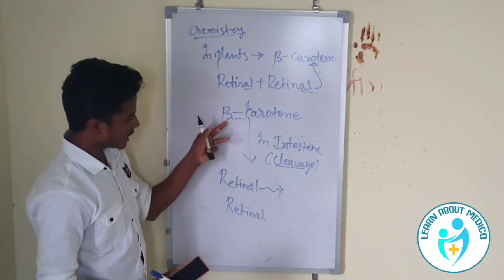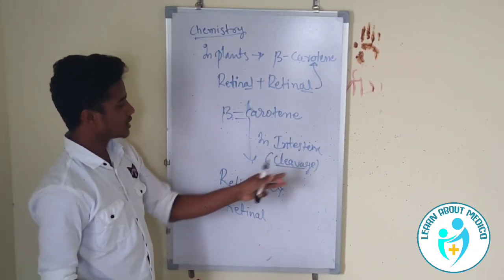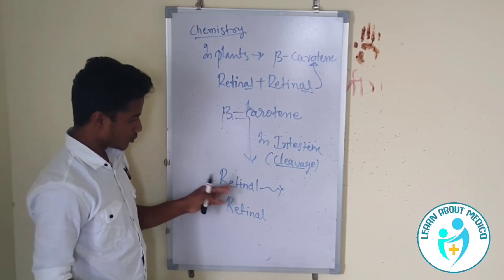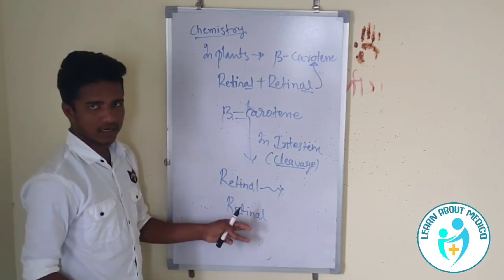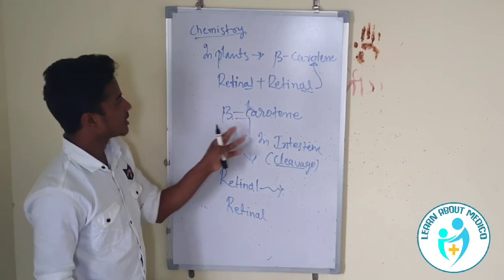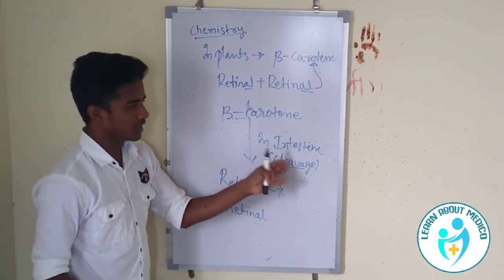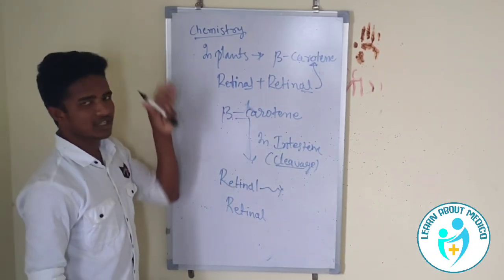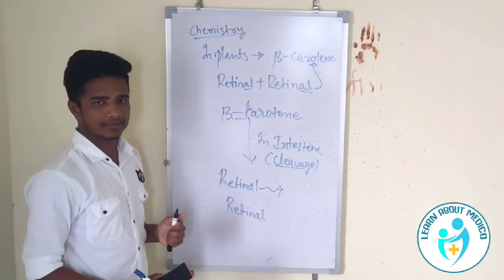That is, beta carotene undergoes cleavage to form two moles of retinal. This is all about the chemistry part of vitamin A.